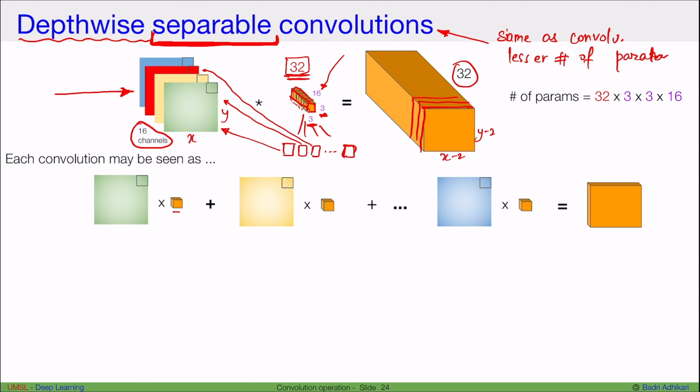The first filter is simply a basic 3x3 matrix that multiplies the first channel, another 3x3 matrix multiplies my second channel, this one multiplies my third, and the last filter multiplies my last channel. And then we simply sum them all together to obtain the single channel output of one filter. So this is the standard convolution operation.